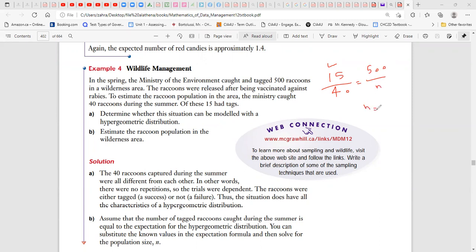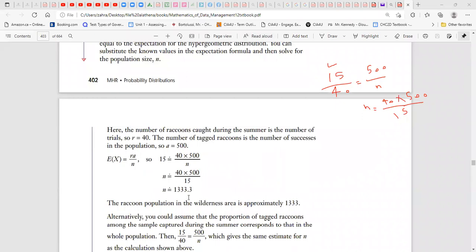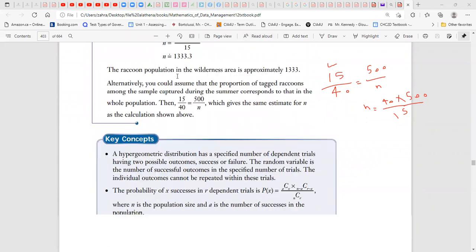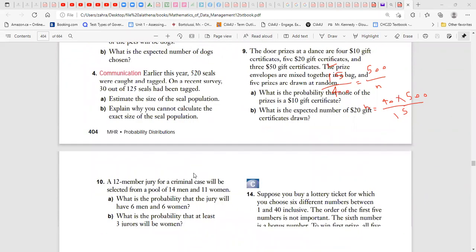So N is equal to 40 multiplied by 500 divided by 15. That would be the population of the raccoons. We can use these expectation values to do that. So you do the even numbers here and send your work to the teacher.